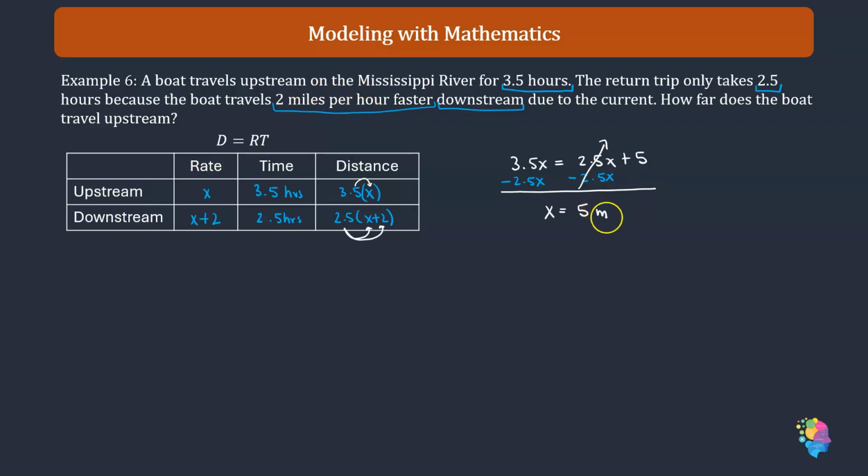So this 5 miles per hour is the rate or the speed of the boat upstream. However, that's not what they're asking. They want how far or the distance that the boat travels upstream. Let's look at the table. The table says that the distance for upstream is going to be 3.5 times x.